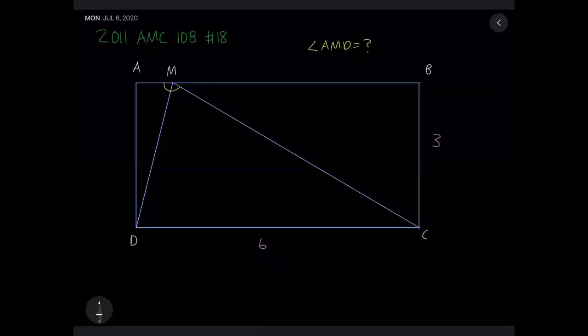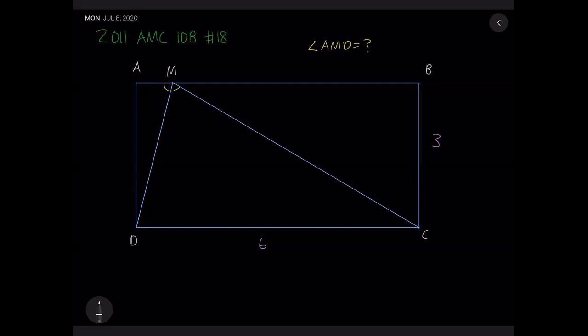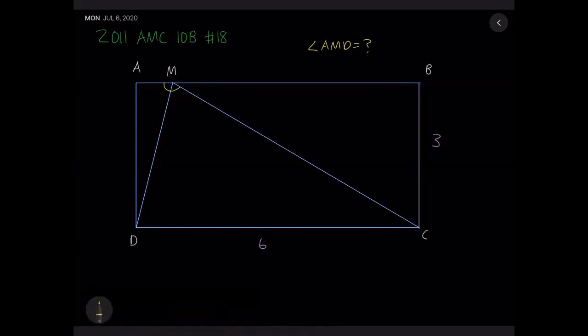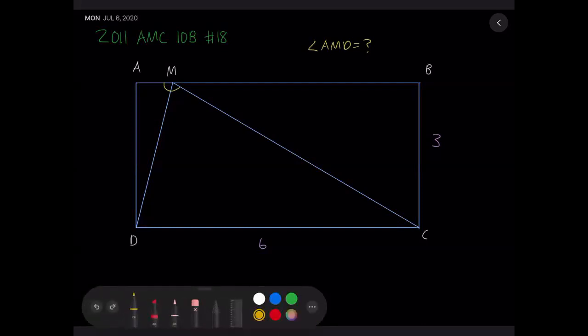All right, let's solve it. There are ways to do it with trigonometry and stuff like the Pythagorean theorem and law of cosines, but that really is not necessary for this problem. Since we know that AB and CD are parallel, that means that angle MDC is also a member of the yellow angle family.